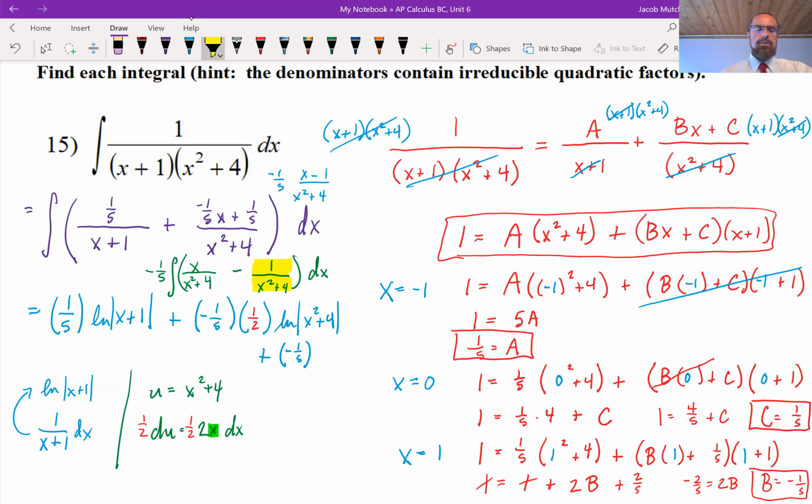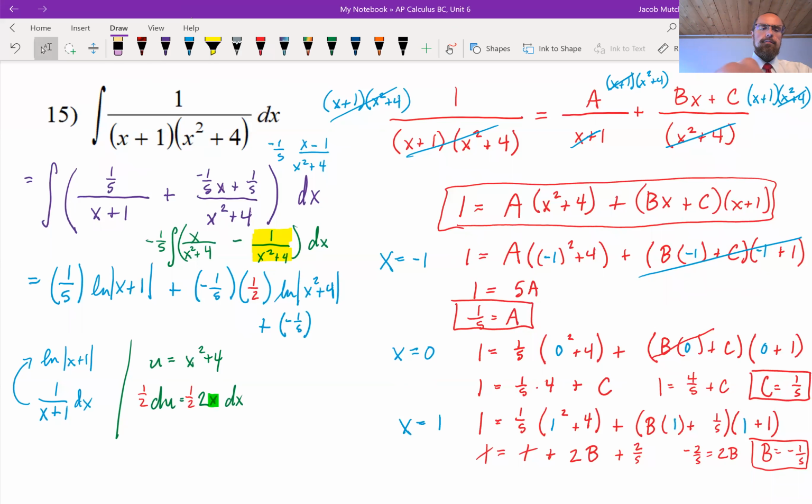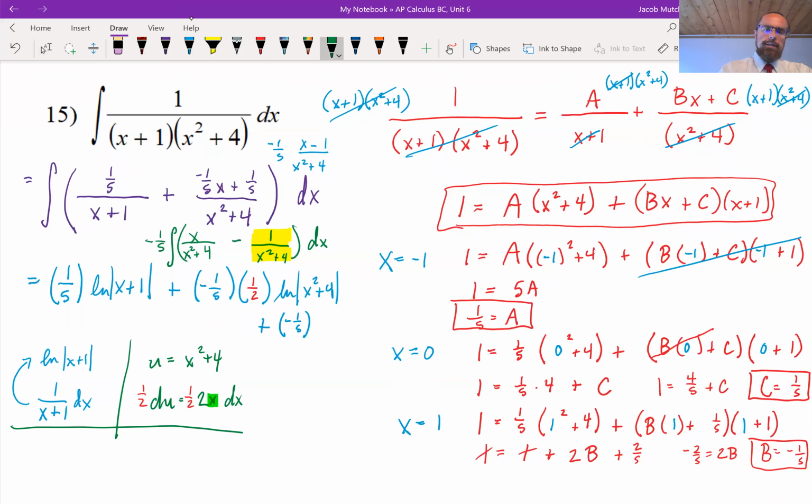And what that matches, if I'm thinking about antiderivatives, if I've got 1 over x squared plus 4, that, if I search for an antiderivative, is going to come from the inverse tangent of x.